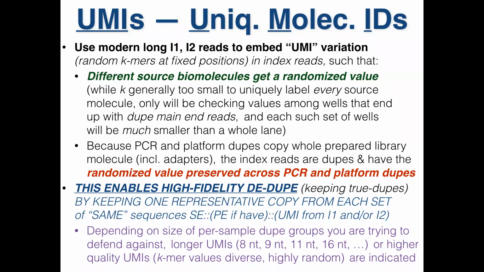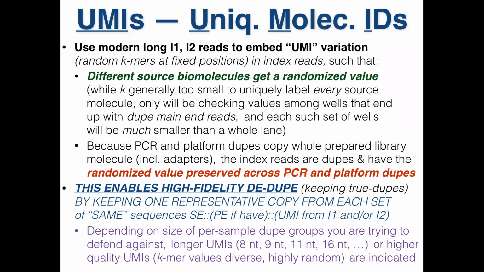So with a dupe group of 1,000 reads that all have the same main sequences, you look at the UMIs and cluster those, and you realize, oh, I've got 53 copies of one biomolecule, 147 of another, 12 of another, and so on. You can tell exactly how many biomolecules you have, and then you keep one read from each of those. Now you have representation that reflects true biology.